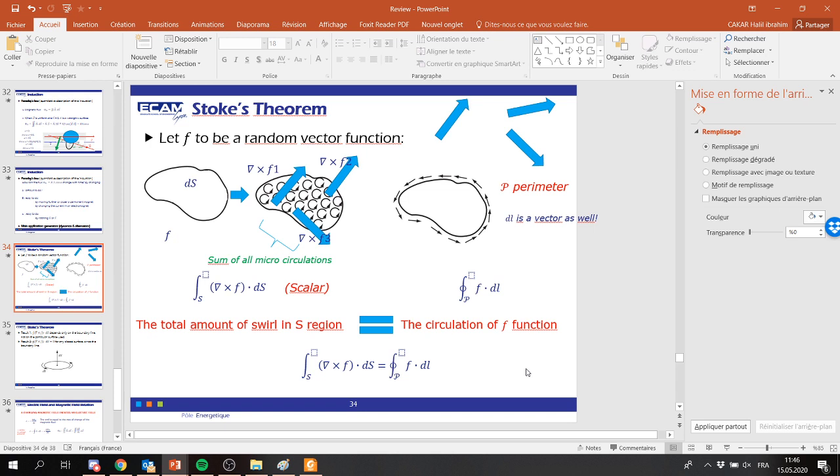So let me make another poll. Please respond to this one, my dear friends. Stokes. What is this? Arthur, what is this?